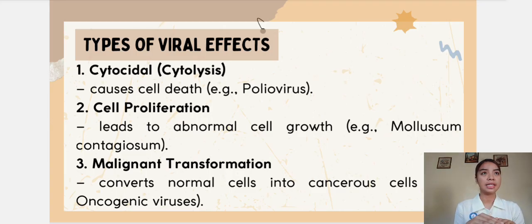A good example of this is human papillomavirus, which can cause cervical cancer. Another example is T-cell leukemia virus type 1, which can cause T-cell leukemia or cancer in the blood, specifically in the white blood cells. And another good example is hepatitis B virus and hepatitis C virus, which can cause liver cancer.